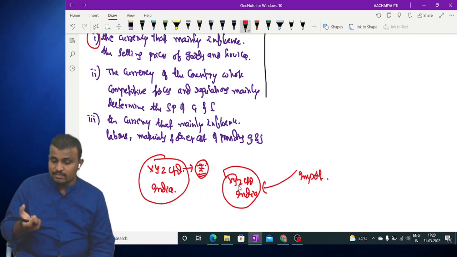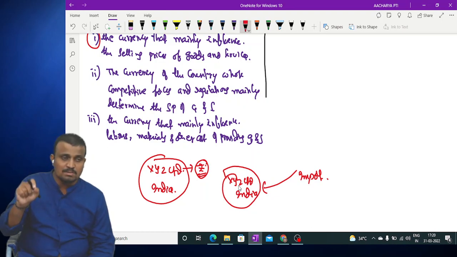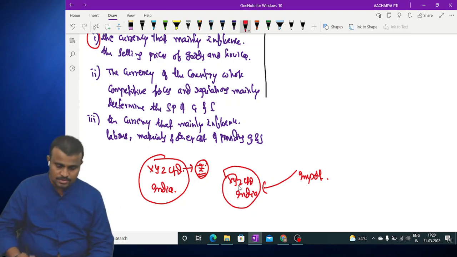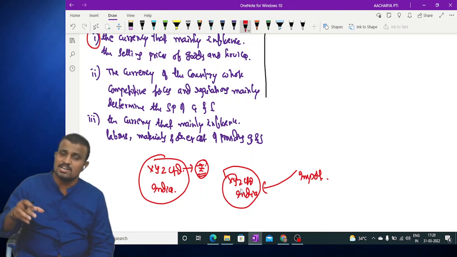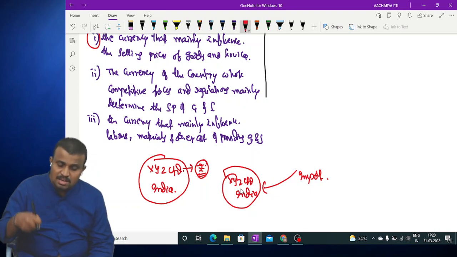But we have to consider which forces are available while determining the prices, and in which country those forces are available. That country's currency is treated as the functional currency. Here, XYZ is located in India. It considers the competitive forces available in India while determining the prices.